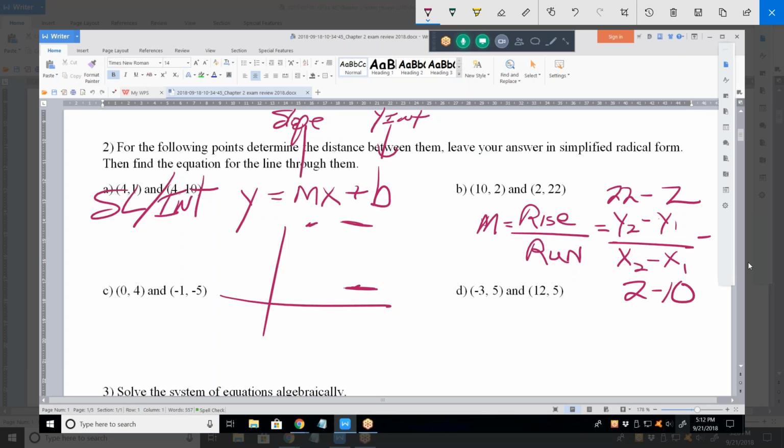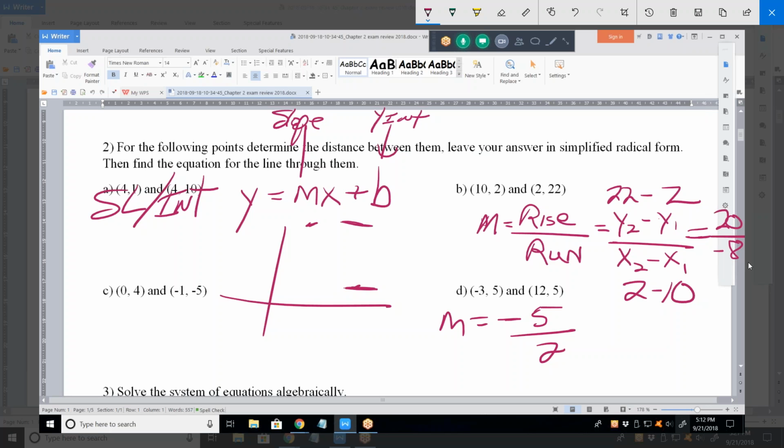So that gives us 20 divided by minus 8. We can simplify that. That's 5 halves. That's a negative 5 halves. And the negative sign is very important. There's a big difference between positive slope and negative slope.